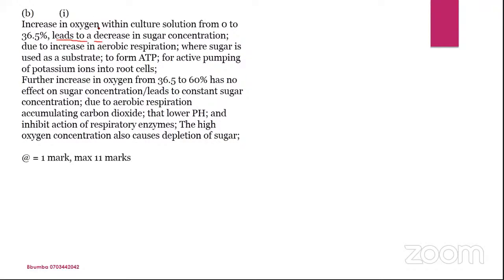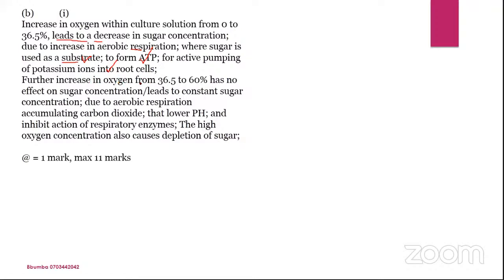If you don't bring in the aspect of "leads to", it means you're not describing an effect. Then you give us reasons: due to increase in aerobic respiration where sugar is used as a substrate. Whenever you see a semicolon, that's a full mark. To form ATP for active pumping of potassium ions into root hair cells.